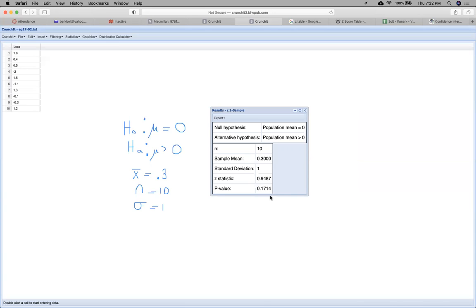That means that there is a 17% chance that I got this result, or something even more extreme from 0, if the null hypothesis is true. Now, yes, exactly. We do not reject it. 17%. I'm not going to claim that something with a 17% chance is going to happen every time.